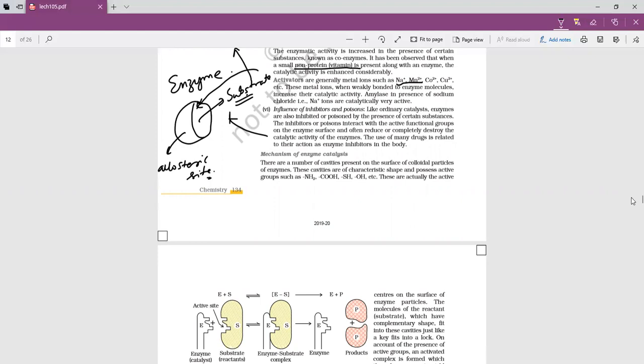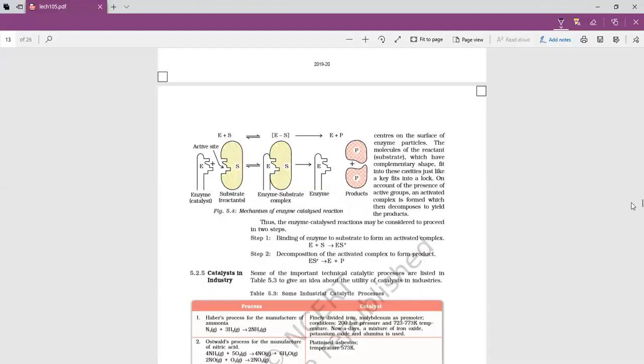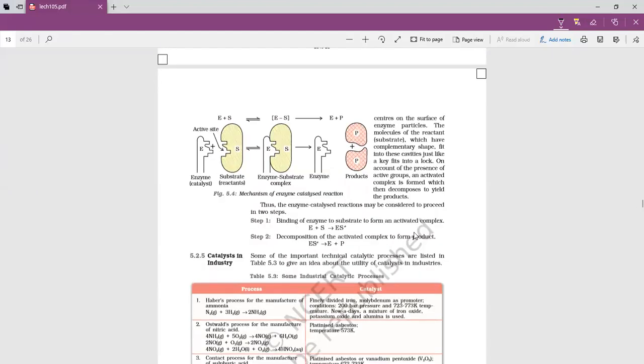Now, mechanism of the enzyme catalysis. As I was telling you that every lock has a key, similarly, enzymes also work specifically for a particular substrate. Now in this diagram, you will see that there is a key-like structure on which E is written.